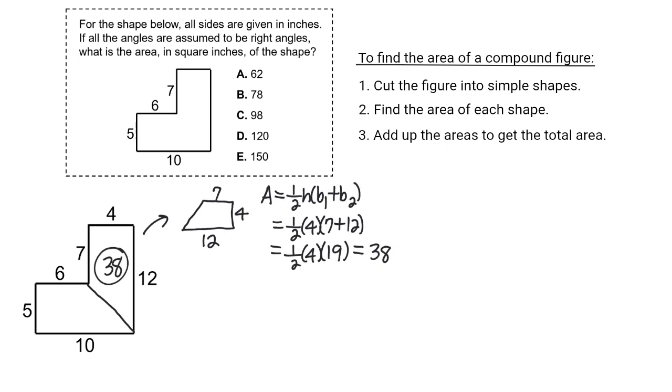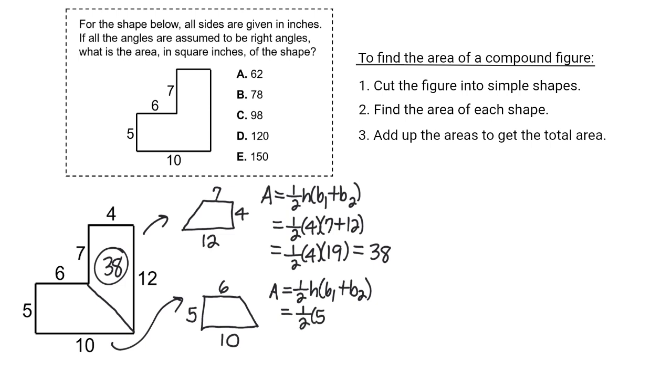Now let's get the area of the other shape, which is also a trapezoid. And you have this type of situation going where it's 5, 6, and 10. Area of a trapezoid, once again, is 1/2 times the height times the sum of the bases. That's going to give you 1/2 times 5 times 6 plus 10, which is going to give you 1/2 times 5 times 16, which gives you 40.